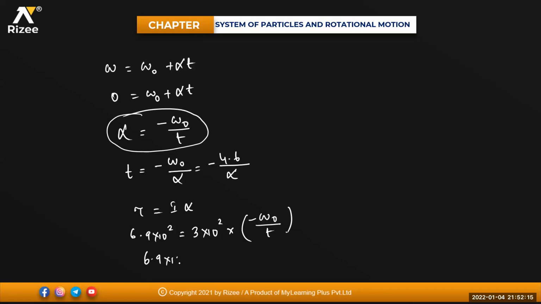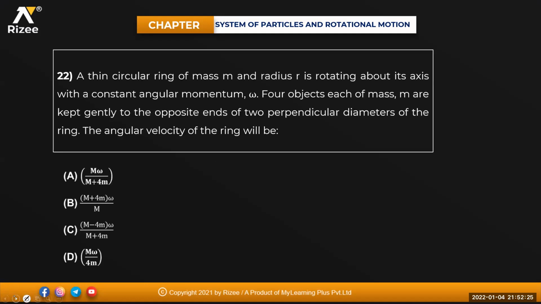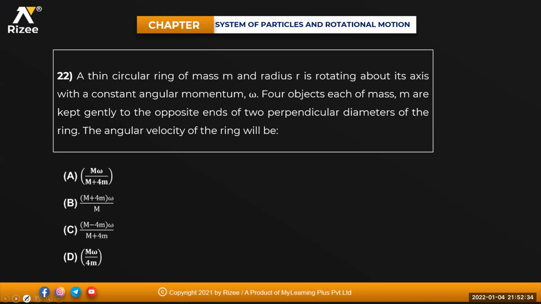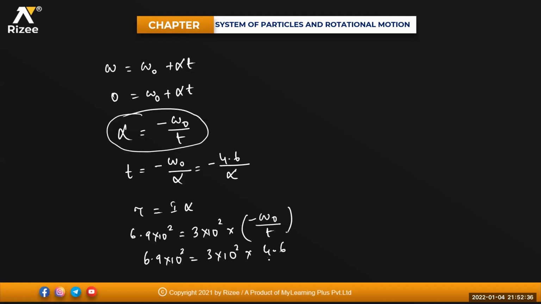6.9 into 10 power 2 is equals to 3 into 10 power 2 into omega naught value is 4.6, rotating with an angular speed of 4.6 radians per second. Okay, 4.6 divided by t. This one will get cancelled. 6.9 is equals to your 7. That means time t will be equal to your 3 into 10 to the power of 2. That will get cancelled.